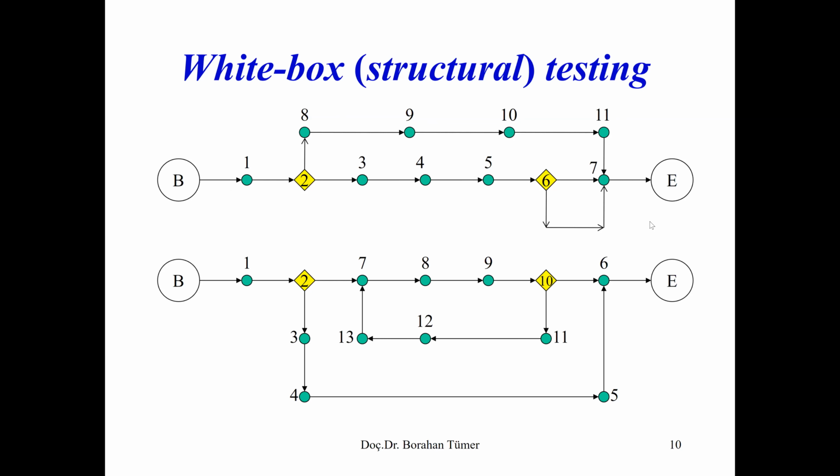Do you understand that? Please, each of you, give me an answer from the chat panel. Do you understand that these two execution paths give us a complete statement coverage? If you all understand that, now I will say why this is not a full branch coverage.